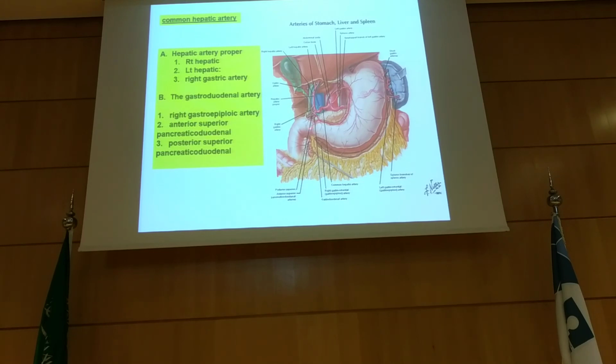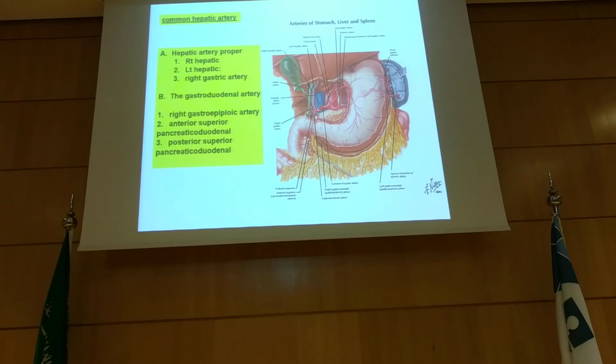And then it's going to continue as the right gastroepiploic or omental artery. So now we have the picture completed. We have supplied the foregut. Left gastric; splenic will give us short gastric and left gastroepiploic; and then the common hepatic will give us the hepatic artery proper.